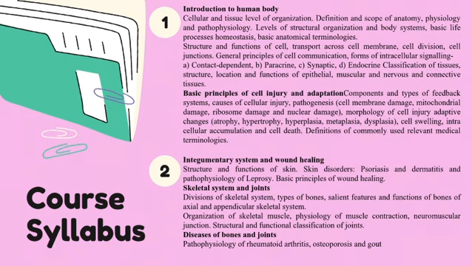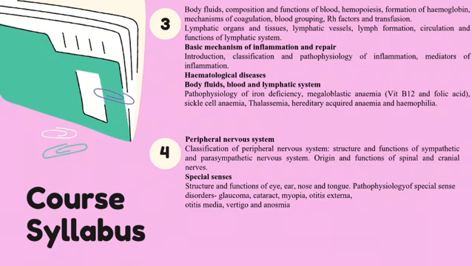So, along with the structure and function of the cell, we are going to see cell injury and adaptation. The next unit would be the integumentary system, which was in the previous human anatomy and physiology. Added on, we are going to have the wound healing process and diseases of bones and joints as well. So we'll be seeing the skeletal system as well as the diseases of bones and joints. The third unit is going to be about body fluids, which we already saw in human anatomy and physiology 1.